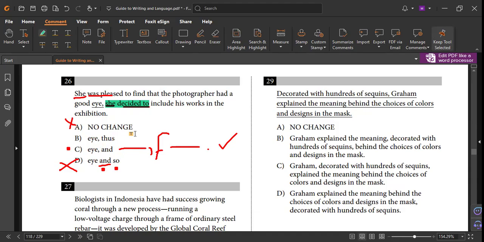That is a conjunctive adverb to show cause and effect. So for letter B, we have two ways to know it's wrong. Number one, there is no relationship of cause and effect between the two clauses. That just means B is wrong. Plus, the punctuation is wrong. Before "thus," we need a full stop or semicolon because it is a conjunctive adverb at the beginning of the sentence, as you know.